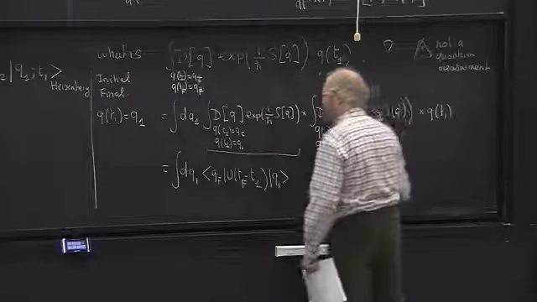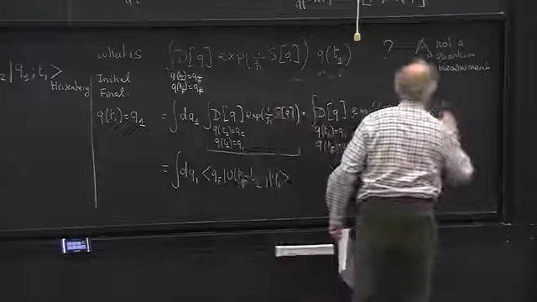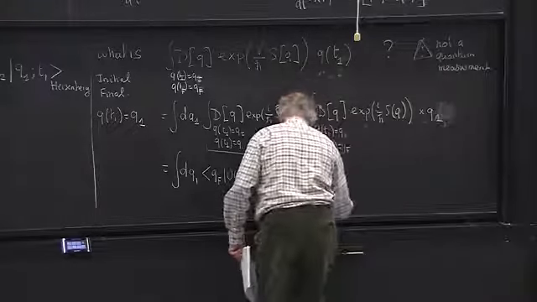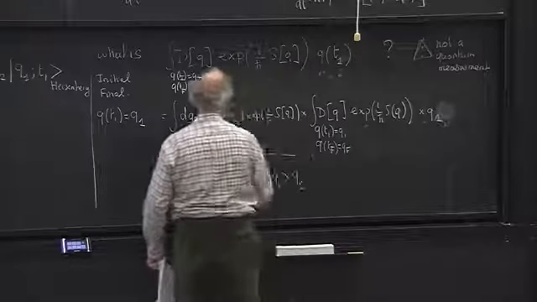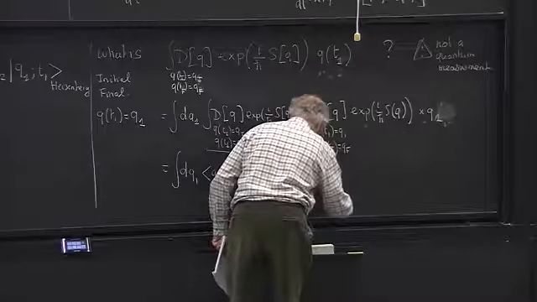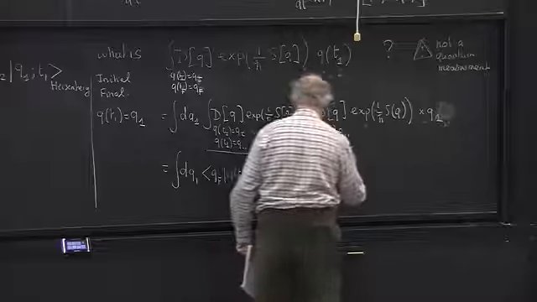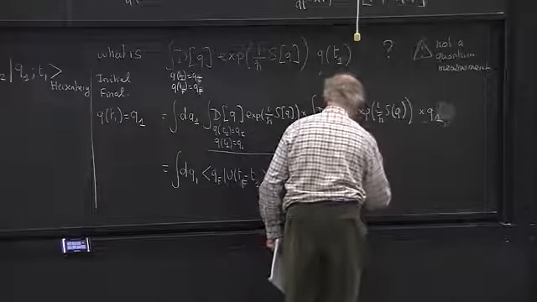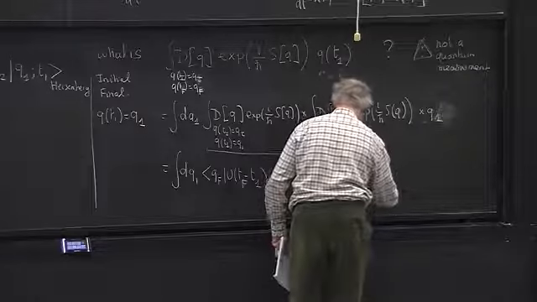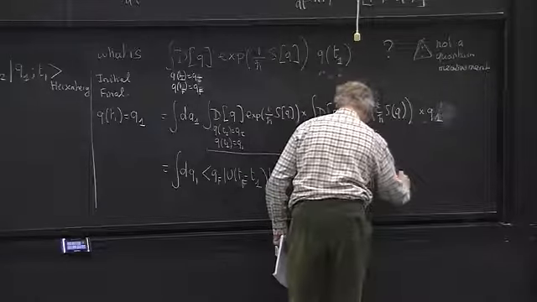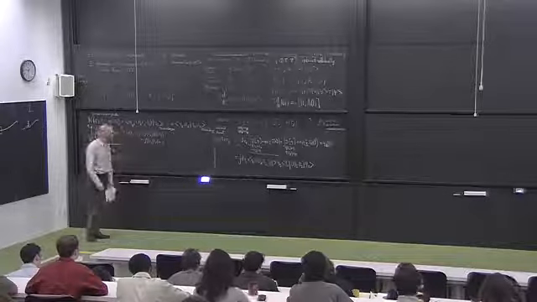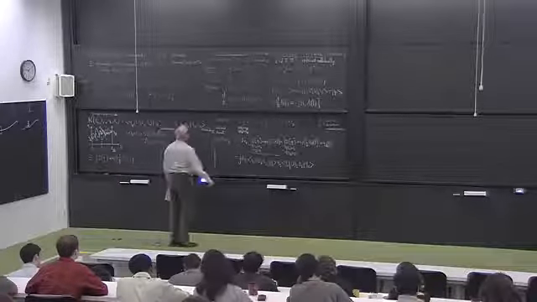Q of T1 is equal to Q1, so I should have written this Q1. And this gives the probability amplitude Q1, U of T1 minus T initial, Q initial. See? Very simple.